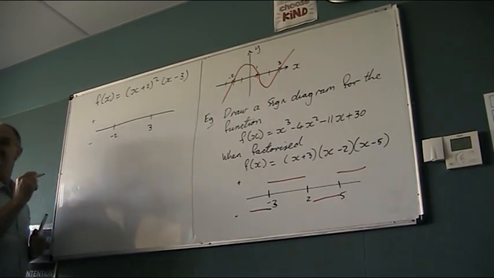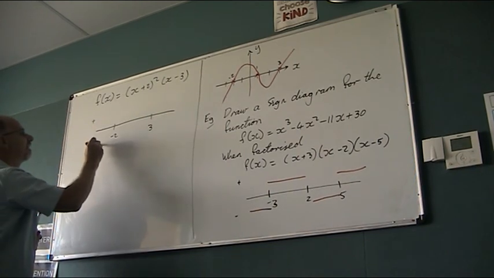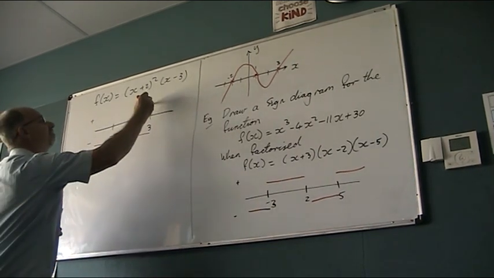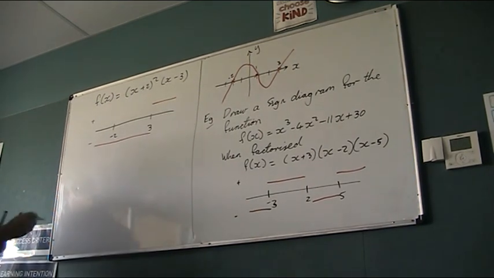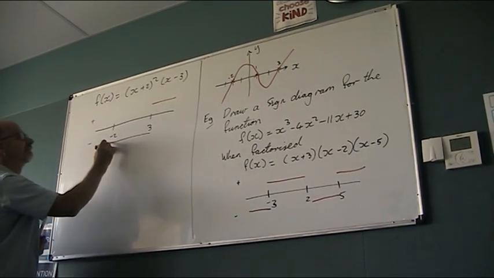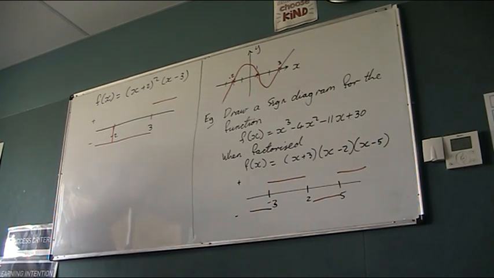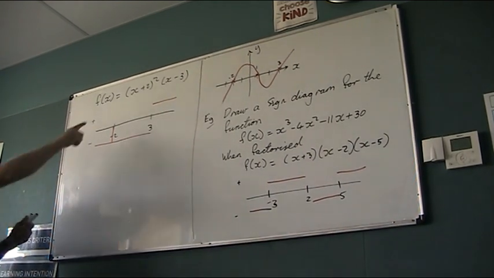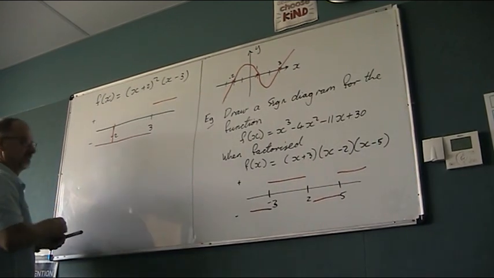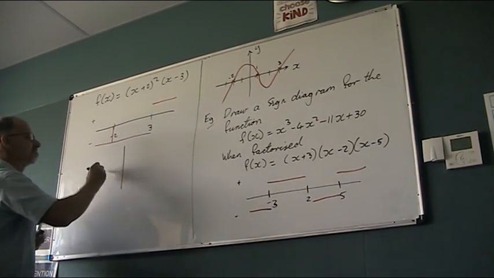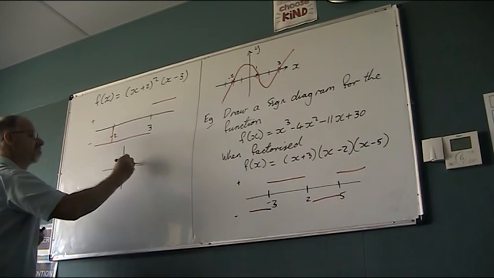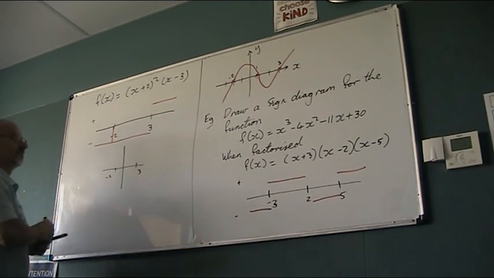Any ideas? This is a straight line. And how do we show this? The dot. Yeah, or a line up there or something like that. Because this particular graph goes like this.